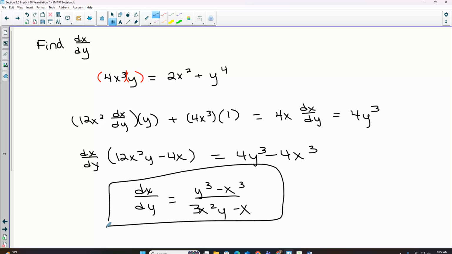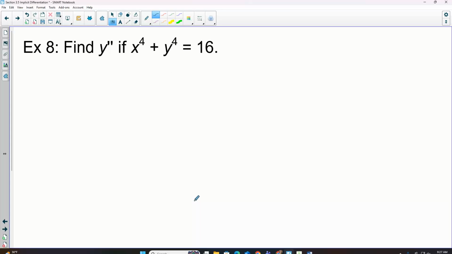So I think there is like one problem on homework that asks for dx dy. So same concept, it's just the derivative of x. Get your expression now. All right, let's go ahead and try this one, and then that might be where we stop today.